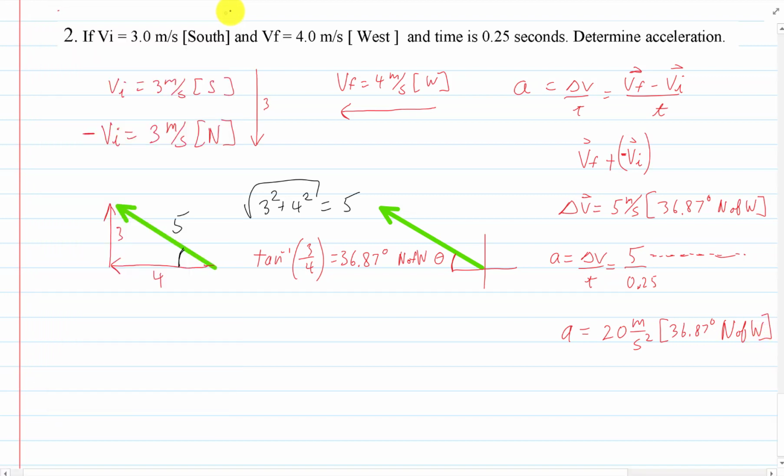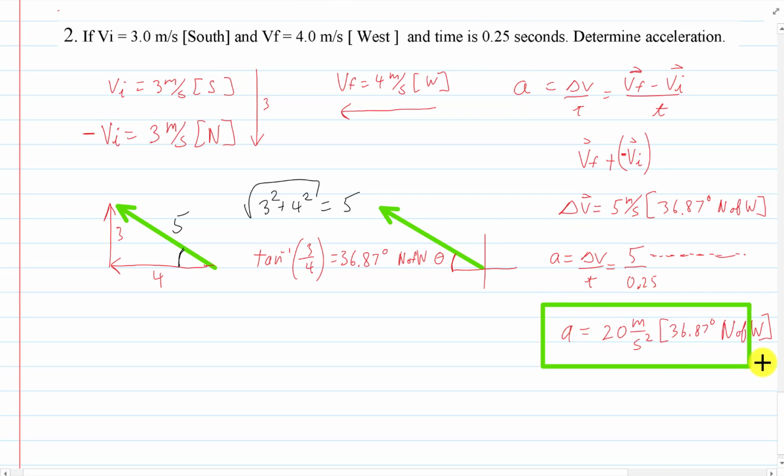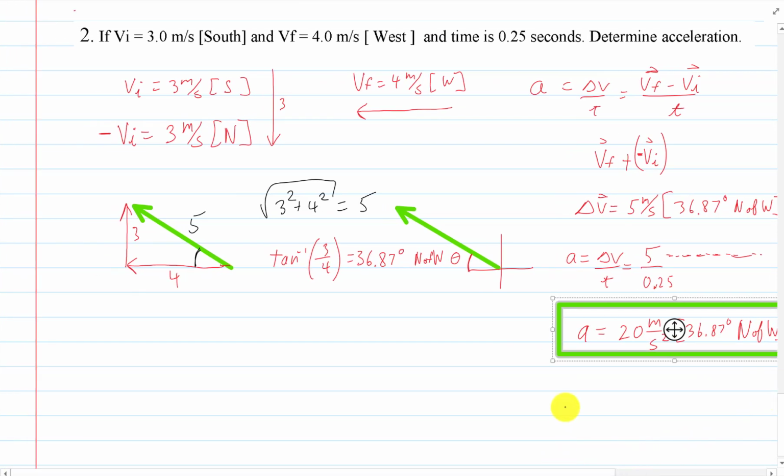It is a little bit harder than physics 11. In physics 11, it would have been just 4 subtract 3, which is 1, divided by that, which would be 4. So I will get that on my physics 12 quizzes and tests from you guys, I will.